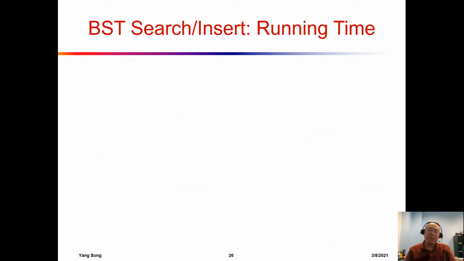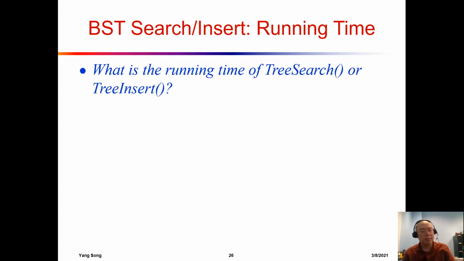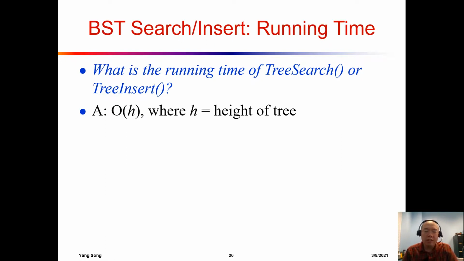And now, before we finish, we want to talk about the time complexity of doing the search and the insertion. When we are doing a search or an insert, what is the time complexity? That is O(h). What is h? h is the height of the tree. Because whether we do a search or an insertion, what's the worst case?